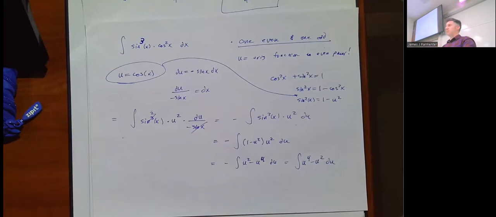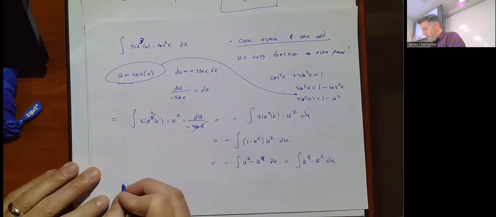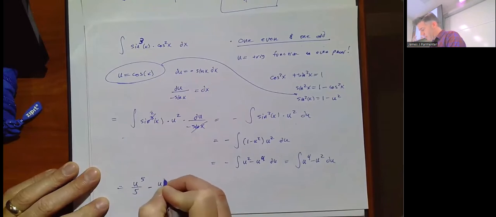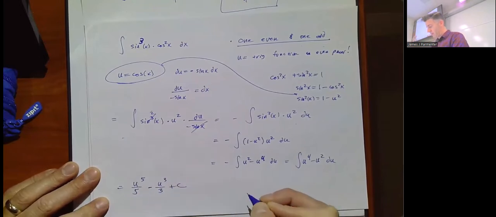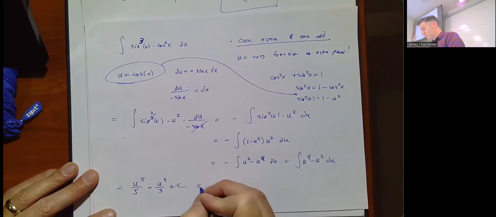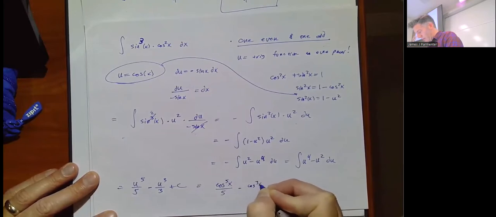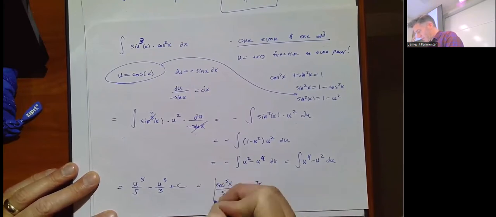Distributing the minus sign and changing the order, you don't have to do that, but it's not terrible to do. And then finally we integrate. We get u to the 5th over 5 minus u to the 3rd over 3 plus a constant. And then we plug back in what u is equal to, and we get cosine to the 5th x over 5 minus cosine to the 3rd x over 3 plus a constant.